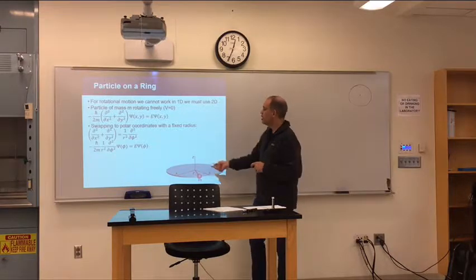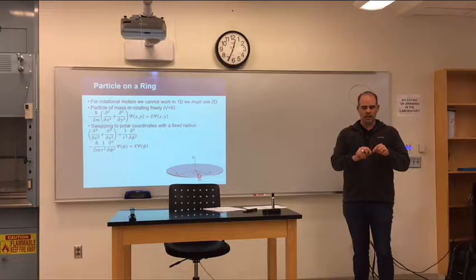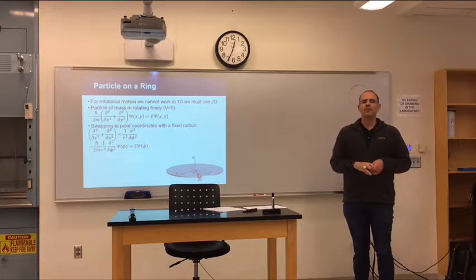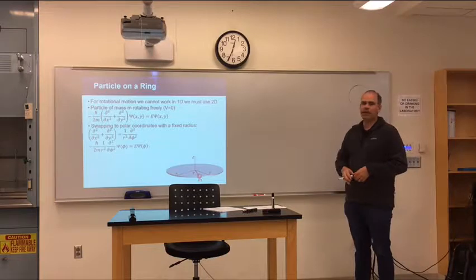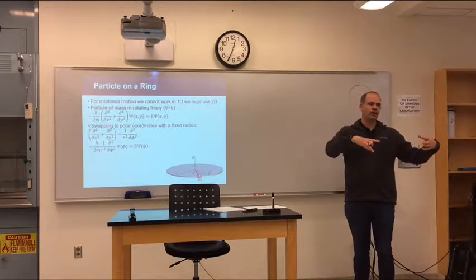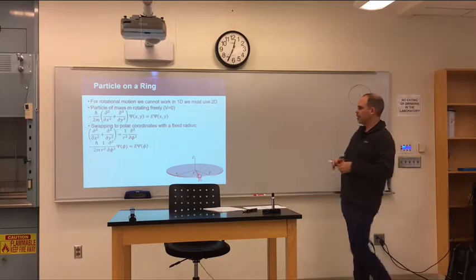So essentially, we're trying to figure out this particle moving not in 3 dimensions, not in 1, but in 2, similar to our particle on a sheet that you did as part of homework 2. But now instead of taking up a square, it's going to be rotating around a circle. Okay?